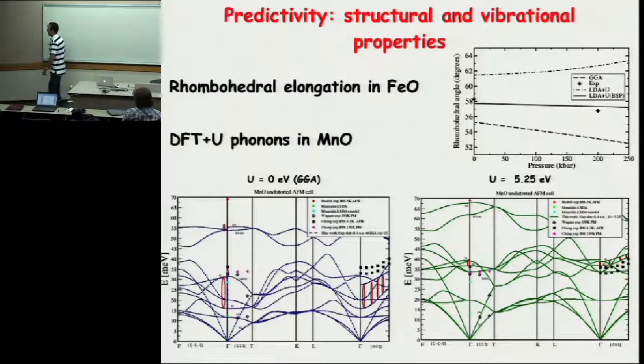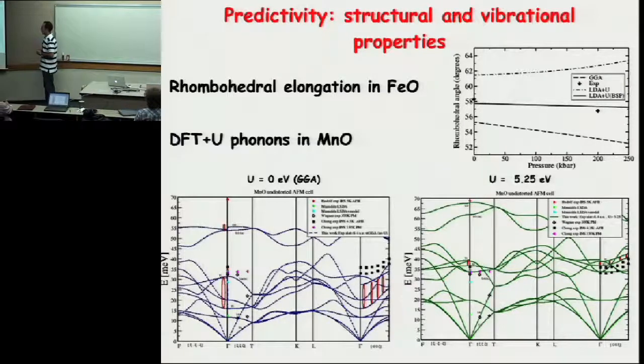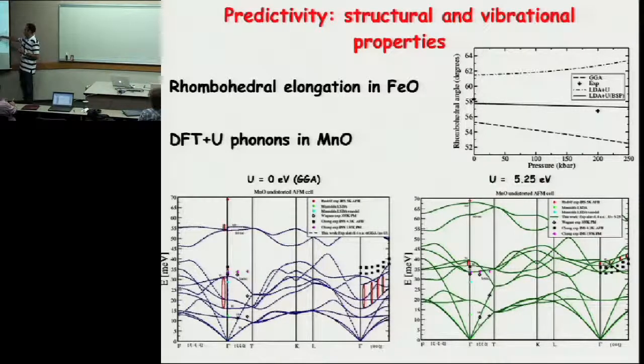We've done a little bit of that, not many tests. It doesn't saturate to any phonon dispersion, such that if you further increase U you still get the same answer. So it will still change. How much, I'm not sure.